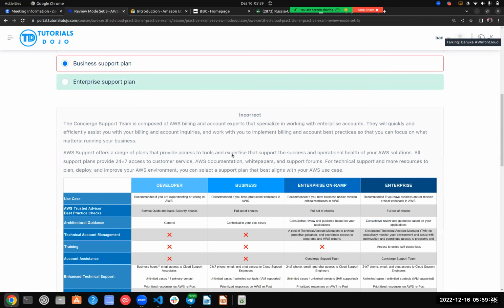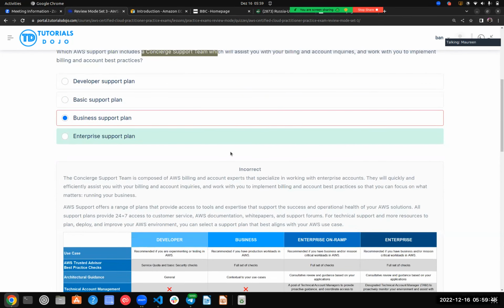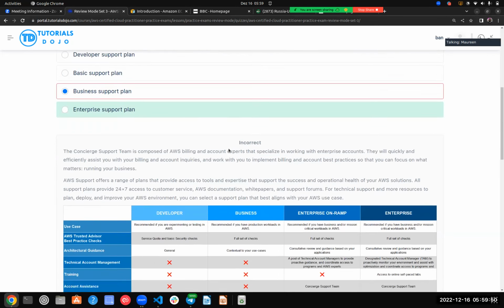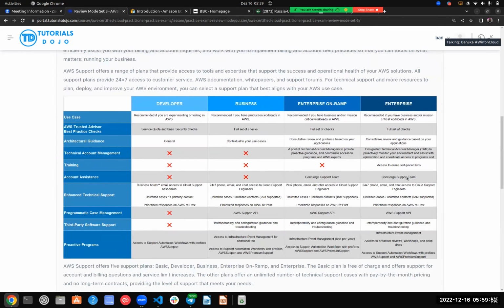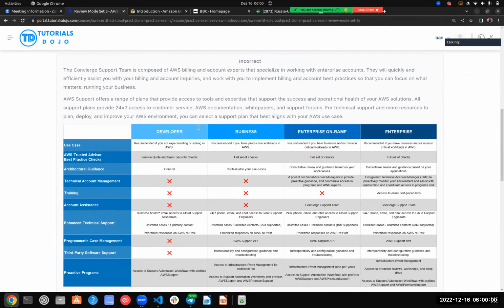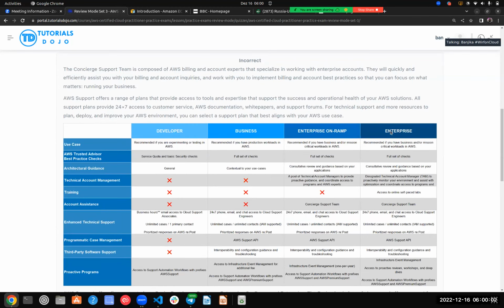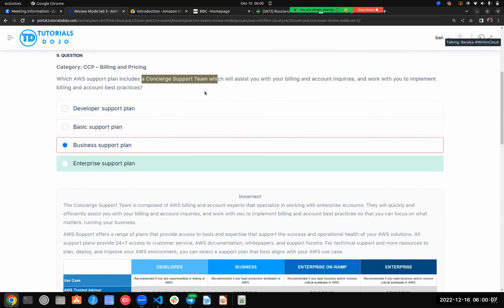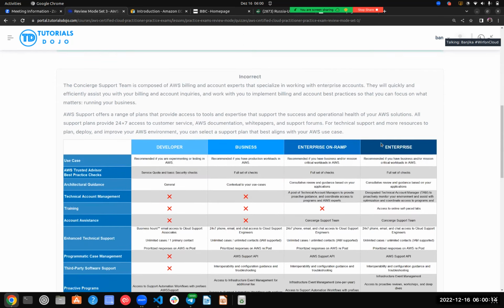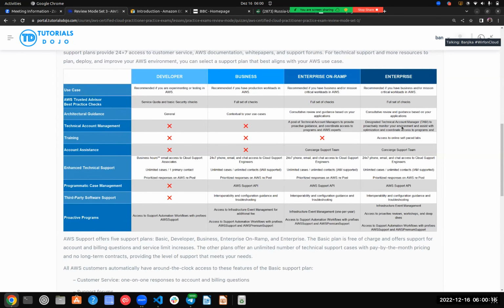I think that's very wrong. Yeah. Enterprise. So just remember, concierge support is found only in enterprise. It's not in business, it's not in developer. It's found only on enterprise and on enterprise On-Ramp. So even though they put here and they say, which plan includes a concierge support team that will assist you in billing, just remember that when you think of enterprise, you always see concierge support team.